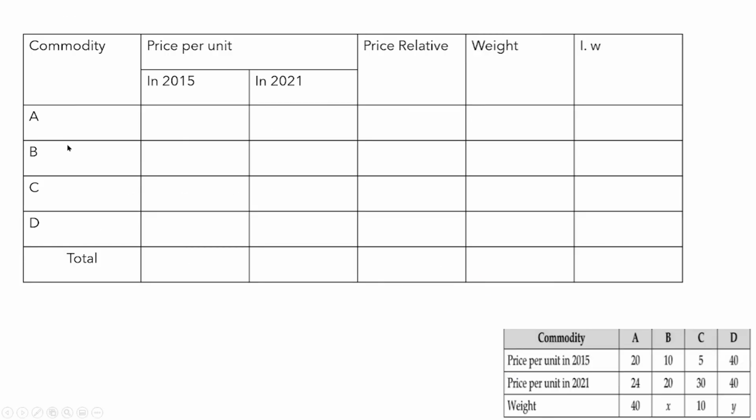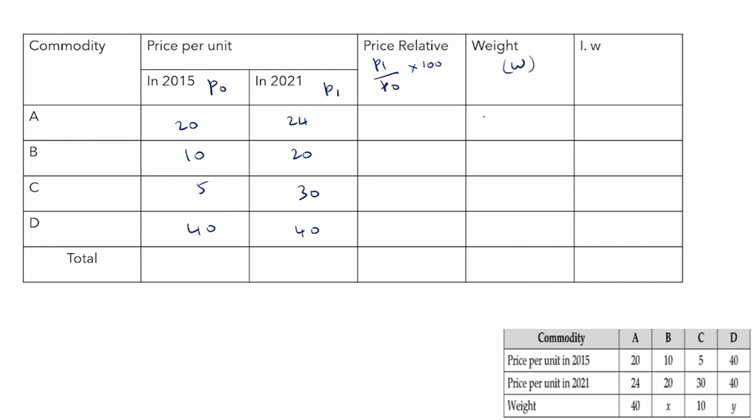So let us draw a table like this. Now these are the commodities and the price per unit in the base year P0 and in the current year P1. So for A it is 20, 10, 5 and 40. And in 2021 it is 24, 20, 30, 40. Price relative is given by P1 upon P0 into 100.